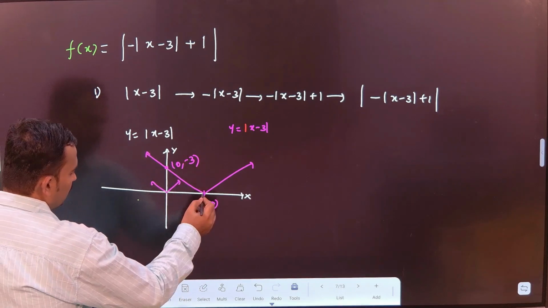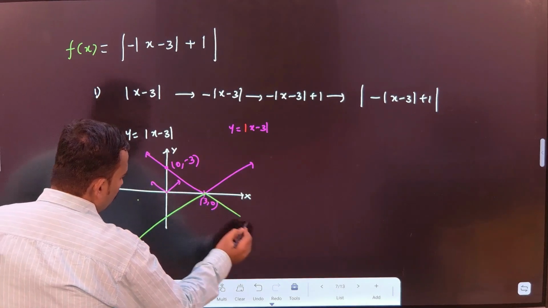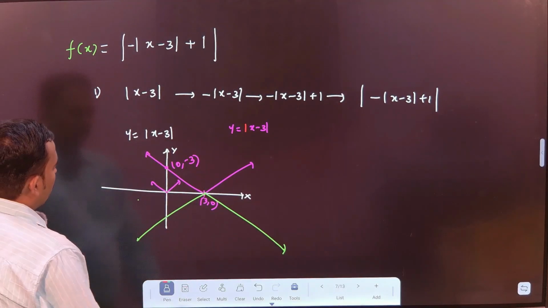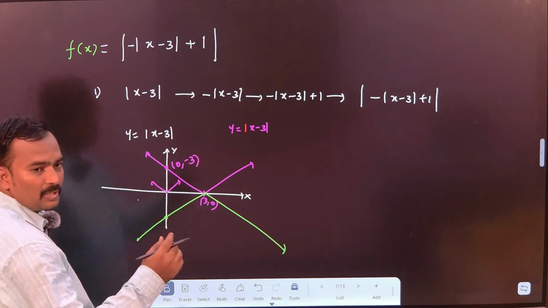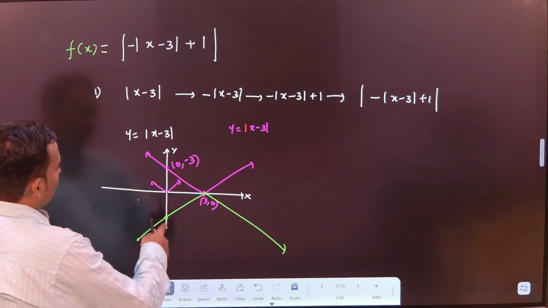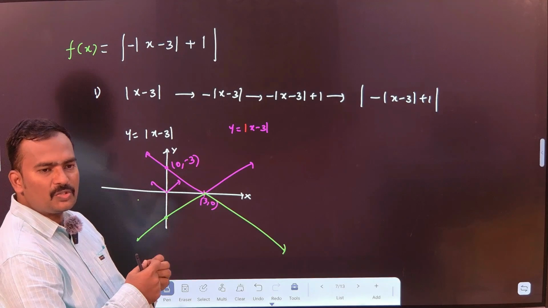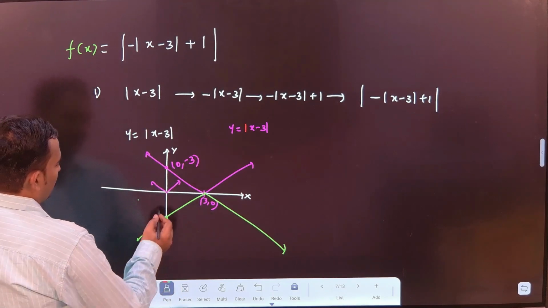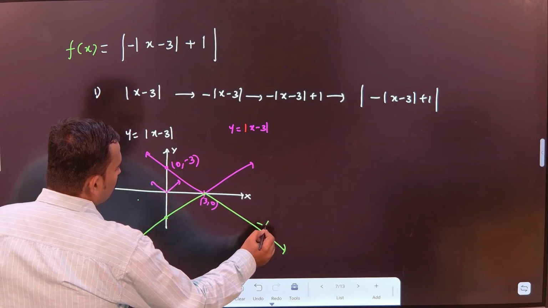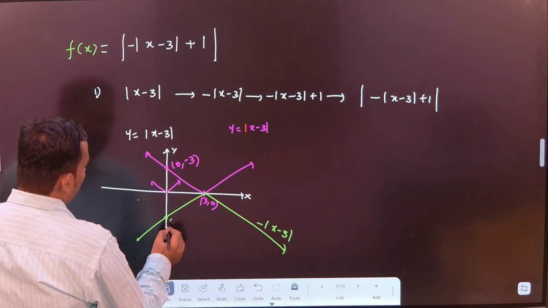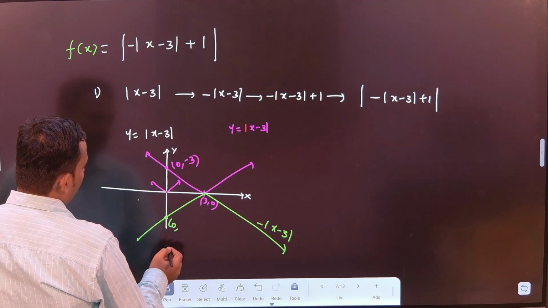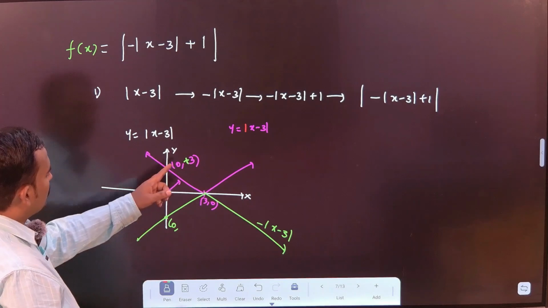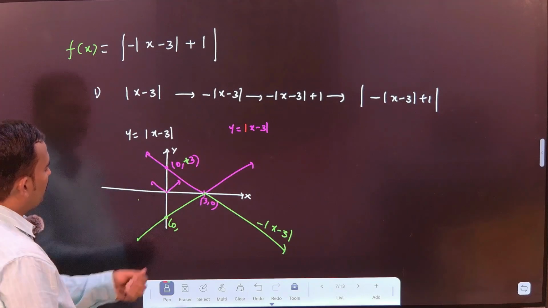You already know that f of x changes to minus f of x means you take the mirror about the x axis. So this is your minus mod x minus 3 graph. This point is 0 comma, sorry, this is plus 3, students. So this will be 0 comma minus 3.